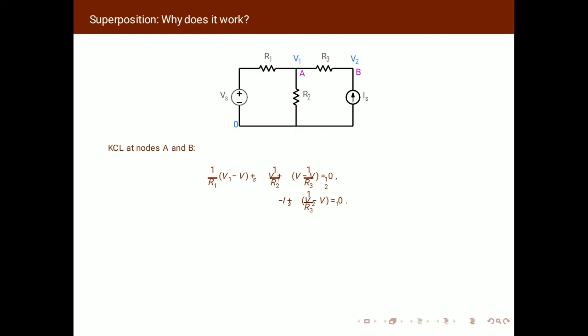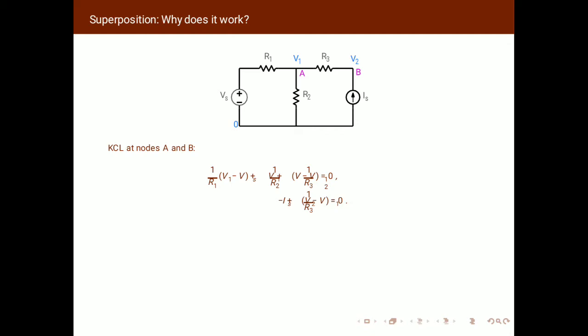Here the KCL at the nodes is given, at node A and B. At node A, they wrote V1 minus Vs by R1, plus V1 by R2, plus V1 minus V2 by R3, equal to 0. This is node A.